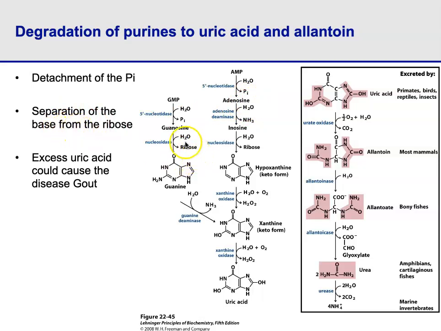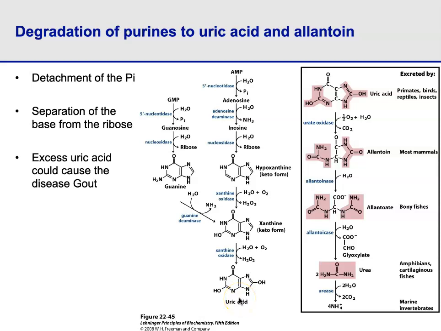Now these bases and the ribose could be recycled if needed, but if they need to be further processed and disposed of, then the bases, whether it's going to be guanine or inosine in this case, because AMP is converted to inosine during this step, are all converted to xanthine, and then xanthine gets converted by xanthine oxidase to uric acid.